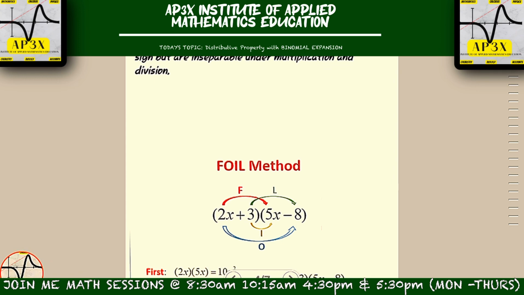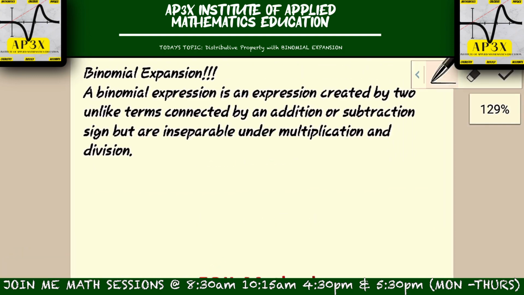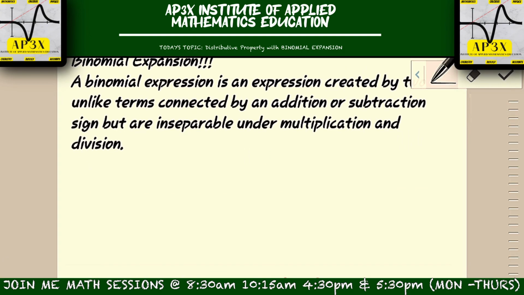Before we get into a different method, a different perspective on how we can look at these types of expressions and simplifications, we have to first define what a binomial expression is. Here it says a binomial expression is an expression created by two unlike terms connected by an addition and/or a subtraction sign.